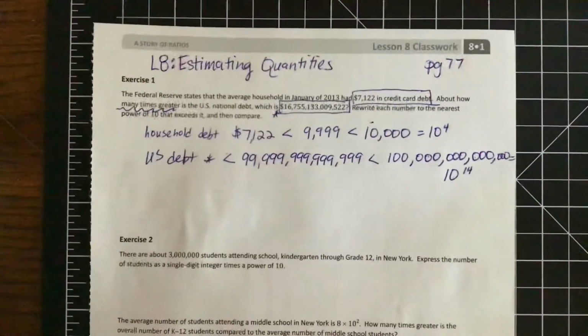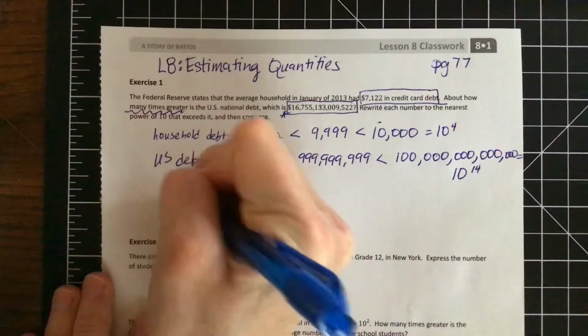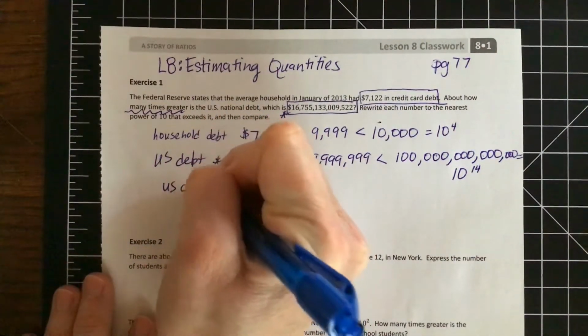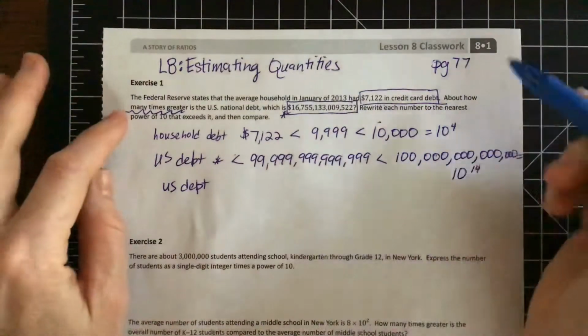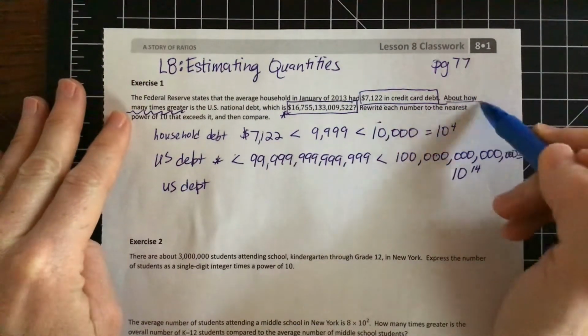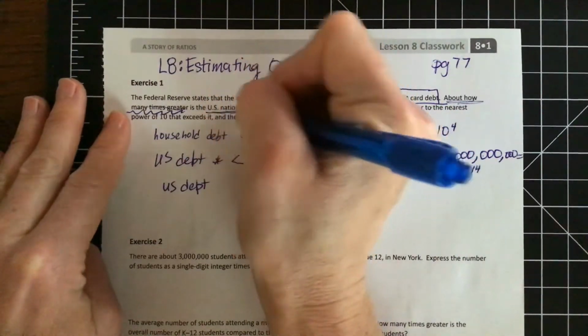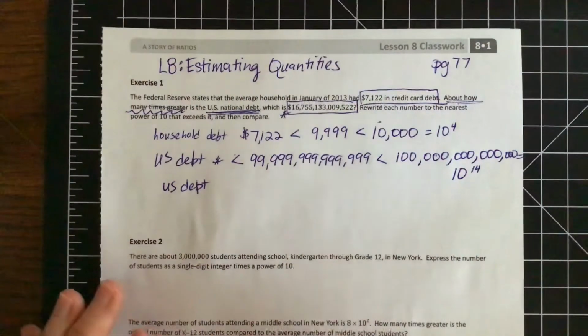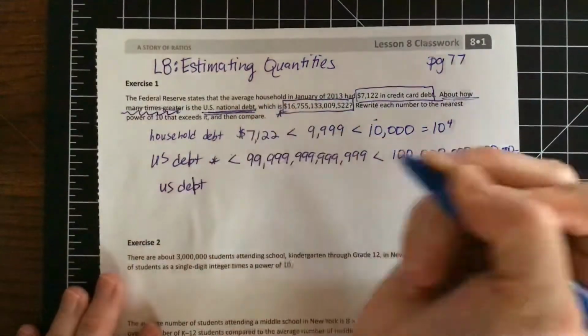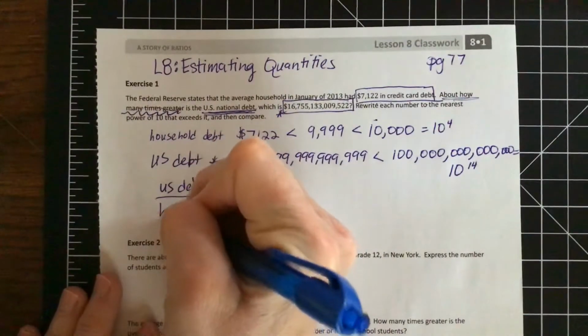Okay, so then if we look at the U.S. debt, and this is going to be something that occurs frequently, if the typical question is about how many times greater, and then they tell you what is going to go on top of the ratio, it is the U.S. debt to the household debt.